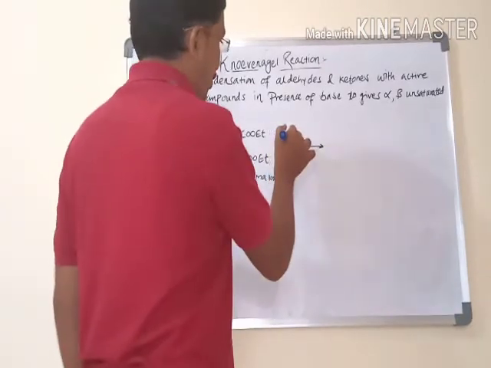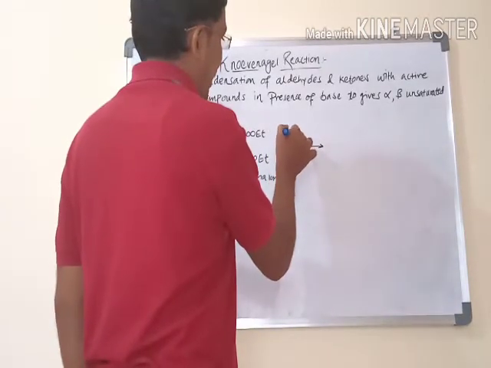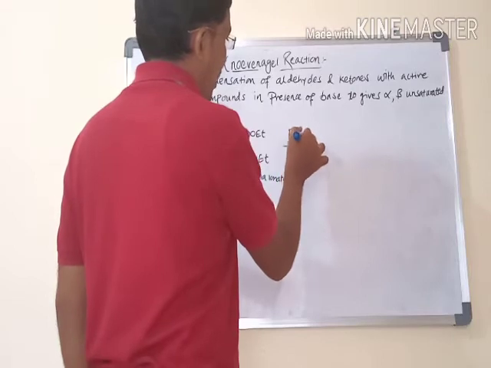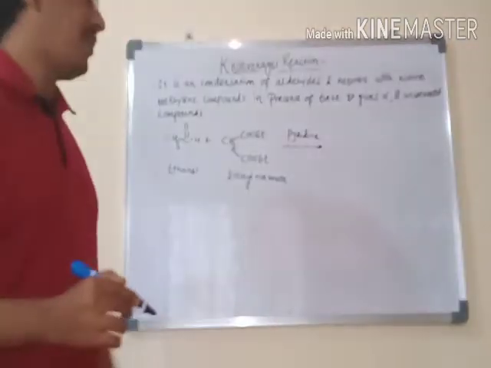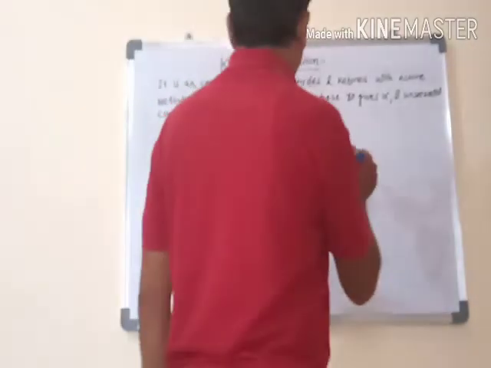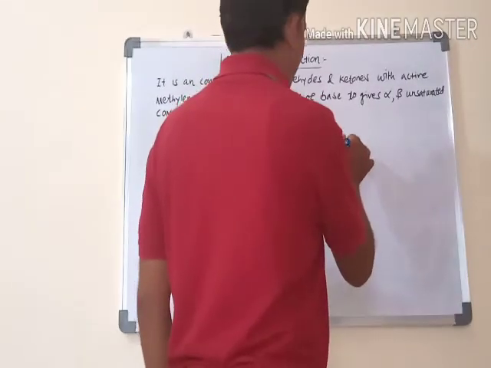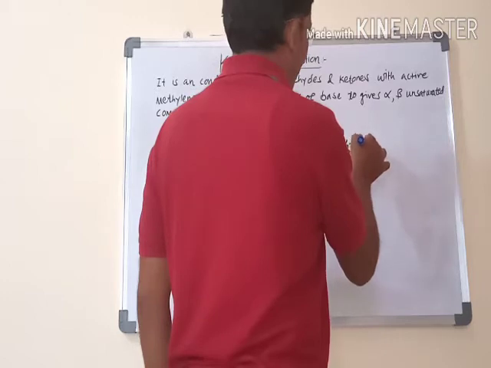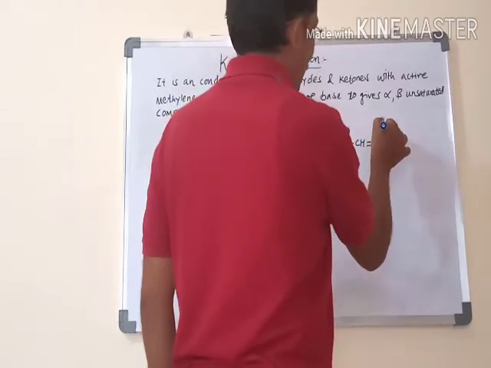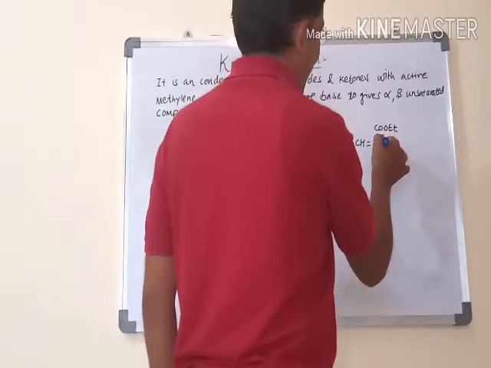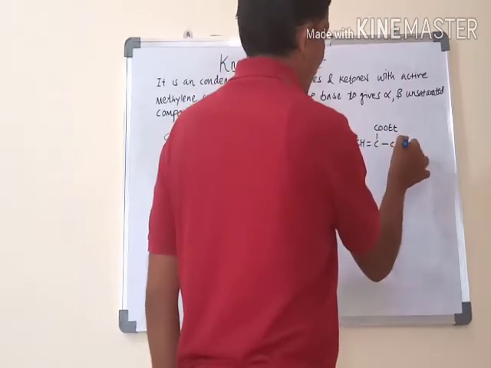It is treated in presence of base like ammonia or pyridine, any amines, organic bases, to give rise to initially alpha beta unsaturated compound here, that is COOEt.